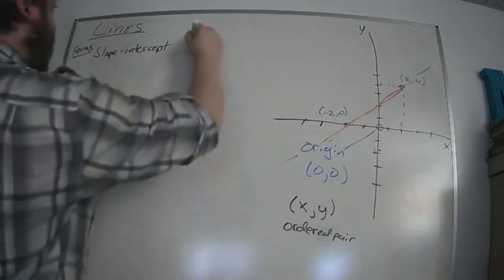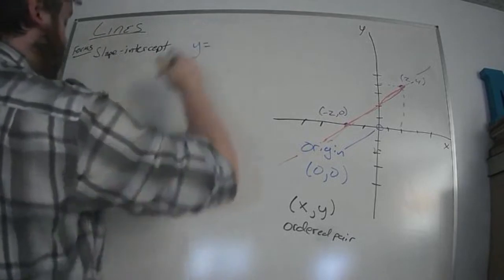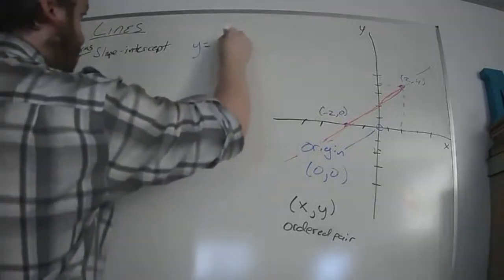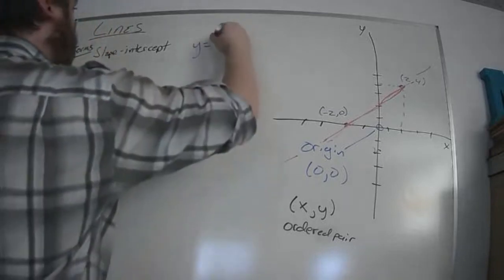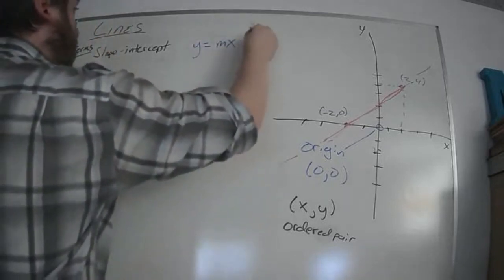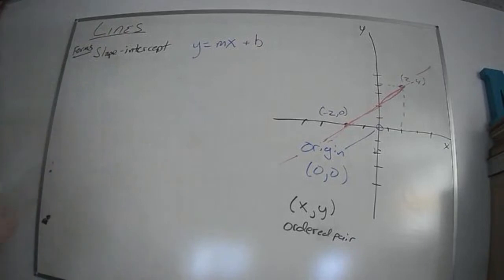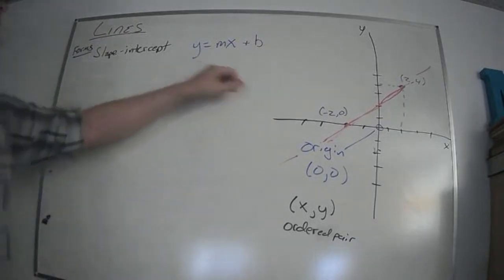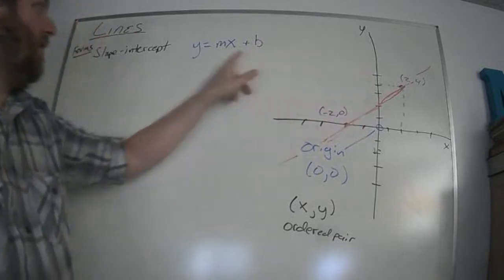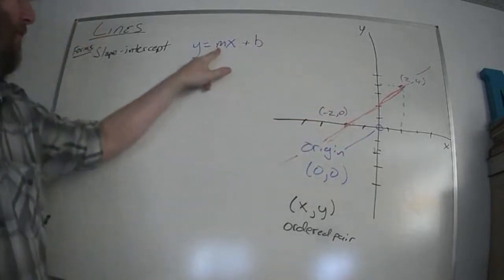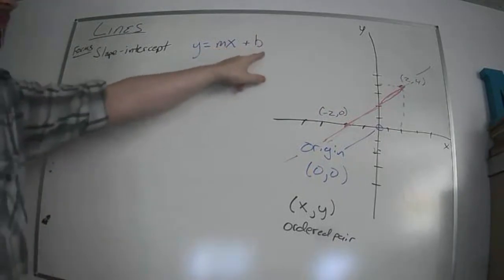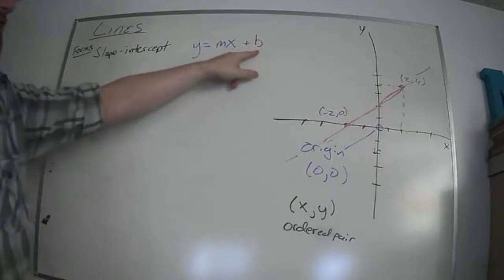Slope-intercept looks like this. It's y equals mx plus b, where y is wherever the y coordinate is, x is wherever the point is of the x coordinate on the line, m is what's called the slope of the line, and b is the y-intercept.